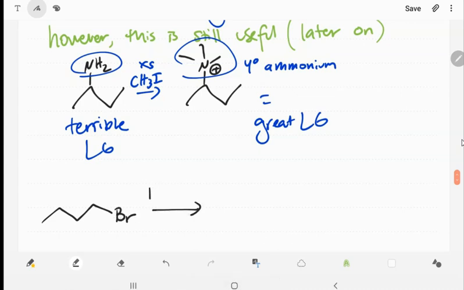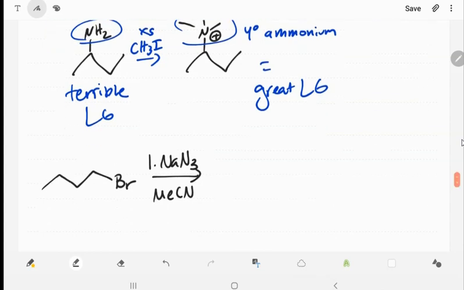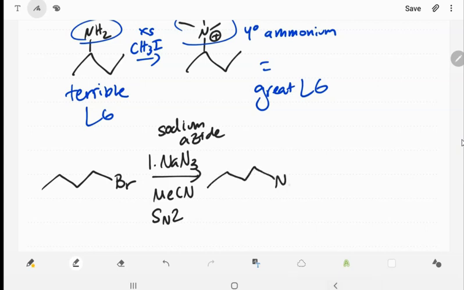If we do an SN2 reaction with an azide, we can go ahead and do a couple of things here.